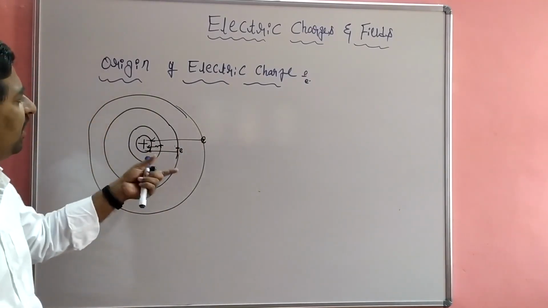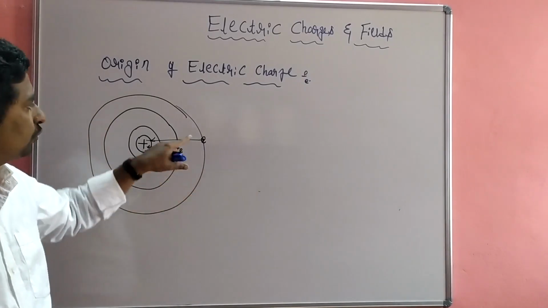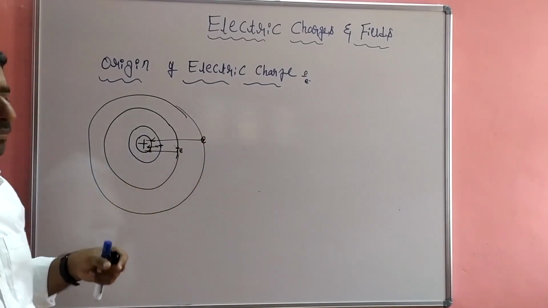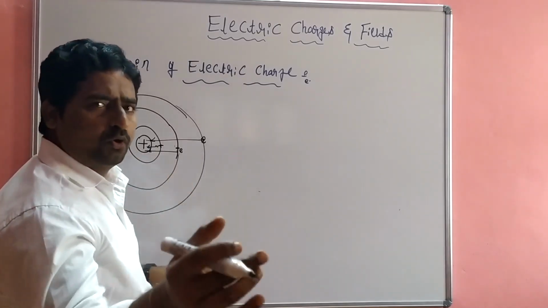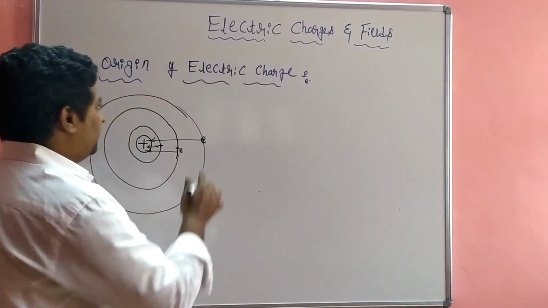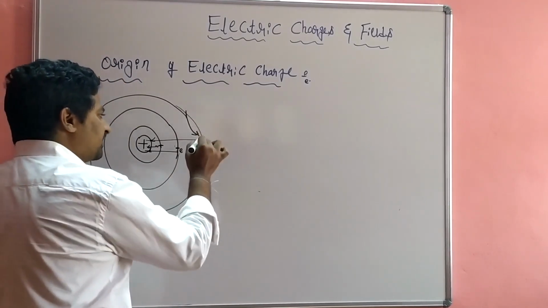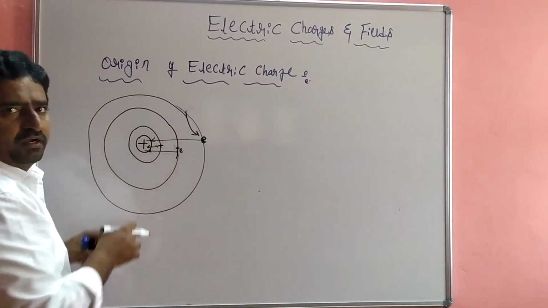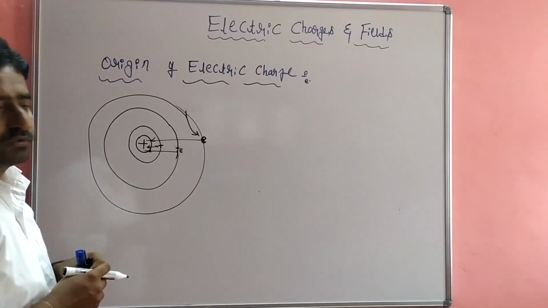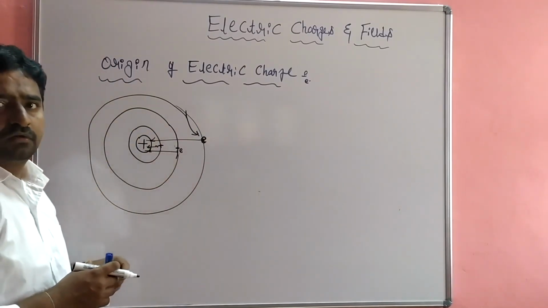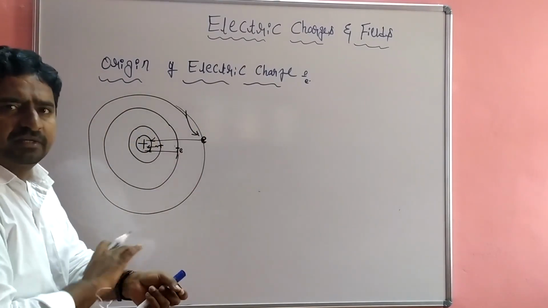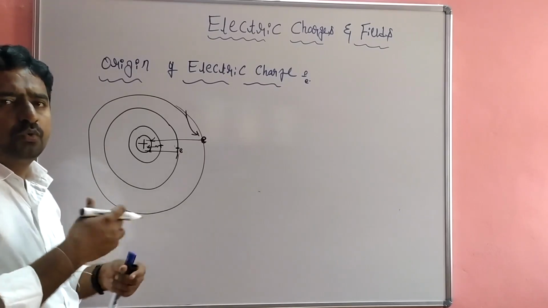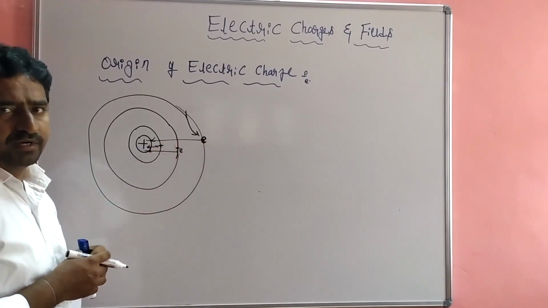Only a small amount of work is required to remove the electron from this atom, a very negligible amount of work done, to lose this electron from the atom. That work is done by the rubbing method, so easily work is applied to lose this one electron.